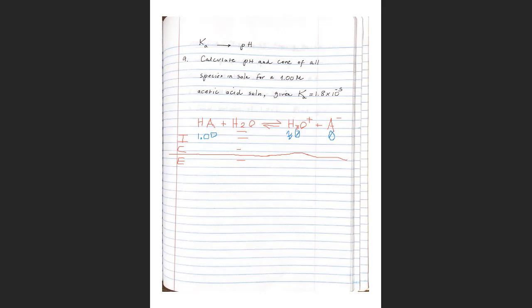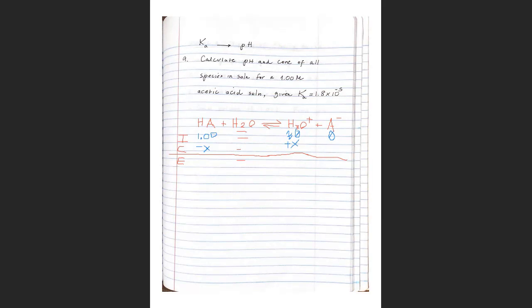In terms of equilibrium concentrations, we will apply changes in the form of x. Because we have to go in the forward direction to have some product, the amount of reactant will decrease and the amount of products will increase.